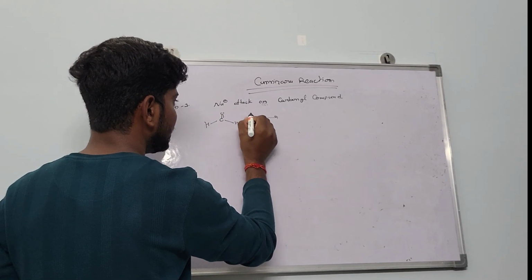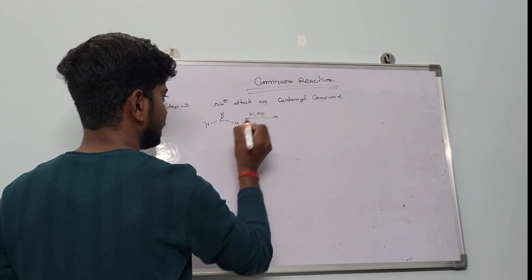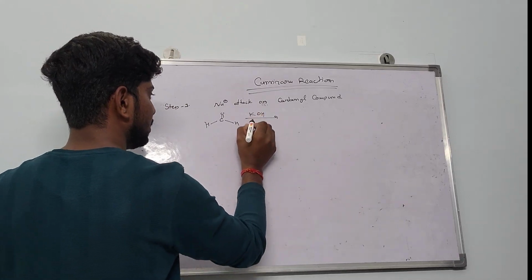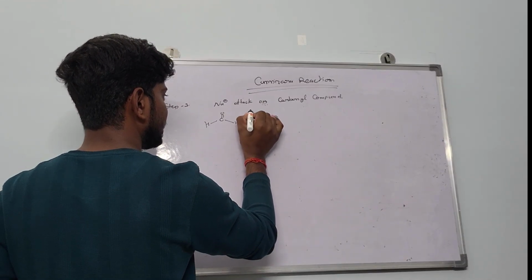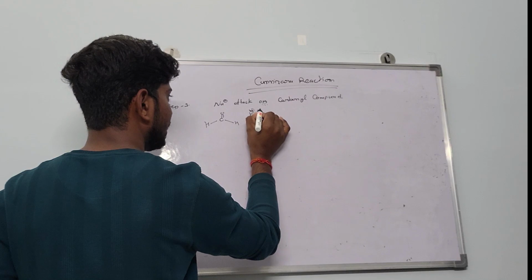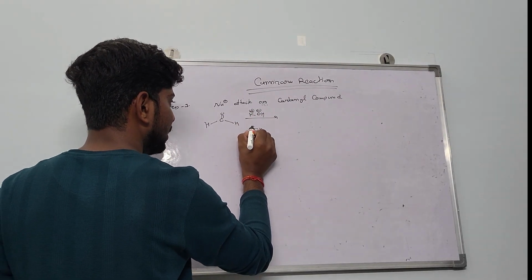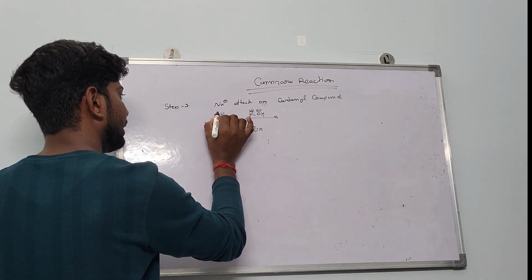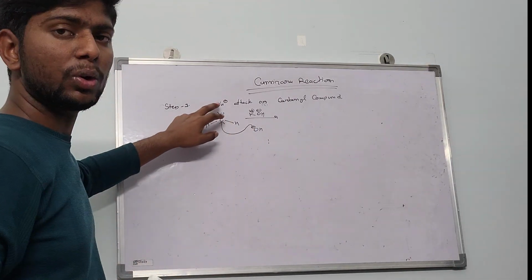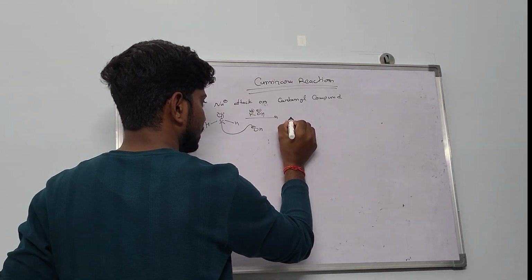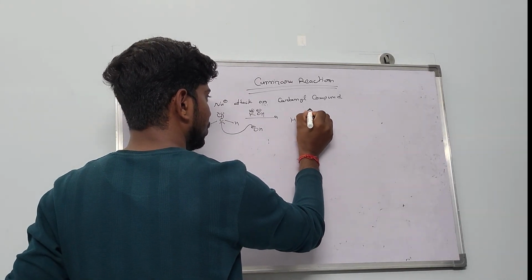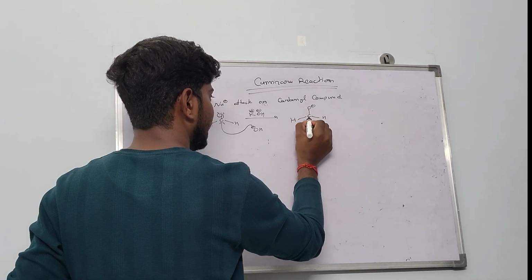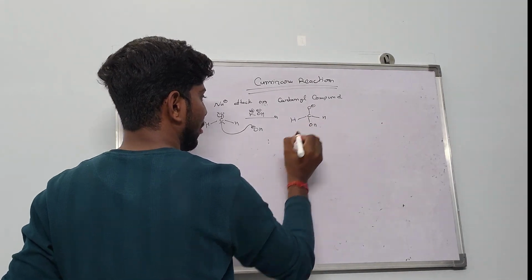So here we use KOH. In KOH, K has the positive charge and the oxygen has the negative charge. From here, the negative charge attacks the carbon and breaks the double bond, and the oxygen gets the negative charge. So from here we have carbon, O negative, hydrogen and OH.